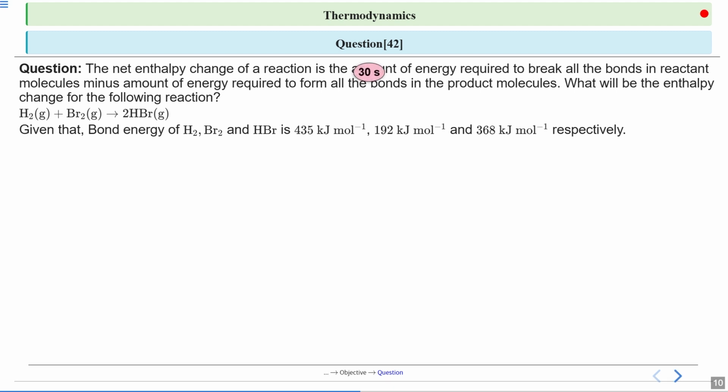Your time to solve this question starts now. Let's see what is the correct answer.